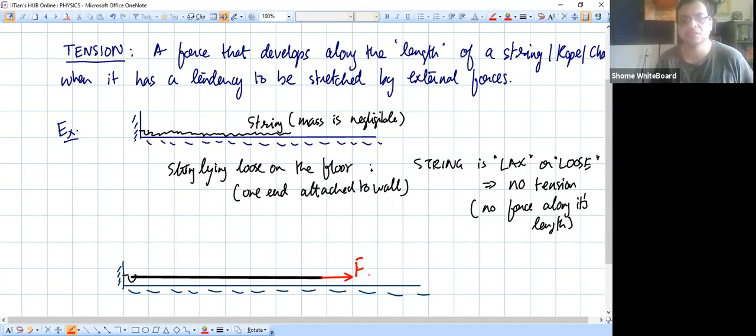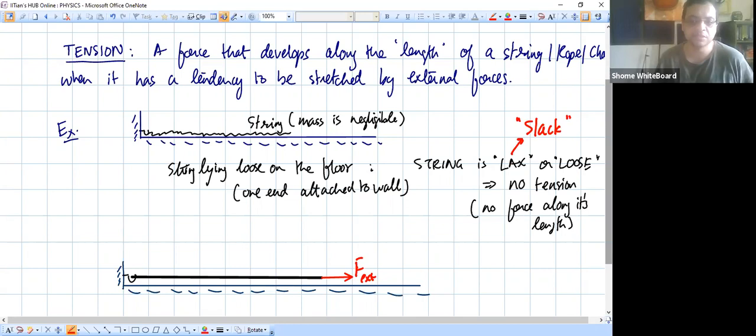Some external agent is applying some kind of a force. Now what will happen? The string will immediately develop tension. Instead of being loose, which is also sometimes called slack, it will become tight. And as a result, we will see that it has a tendency of getting stretched.